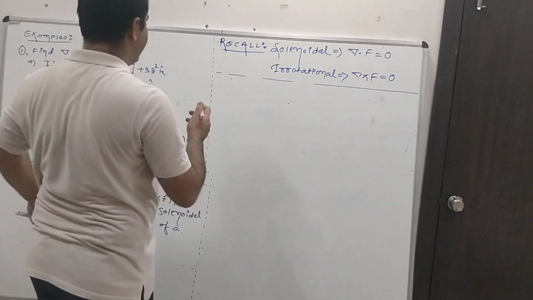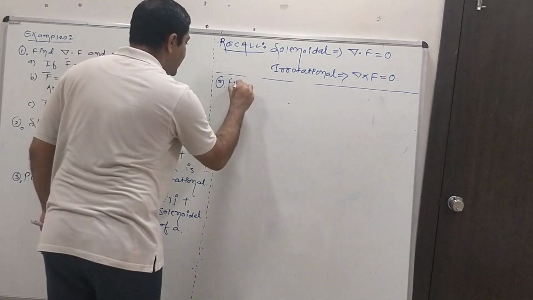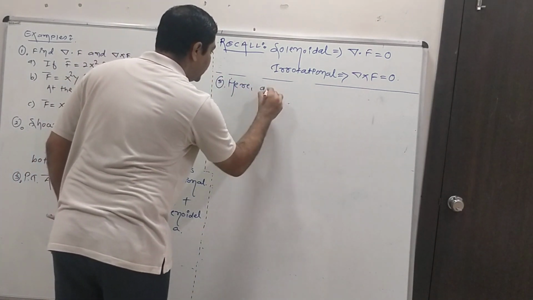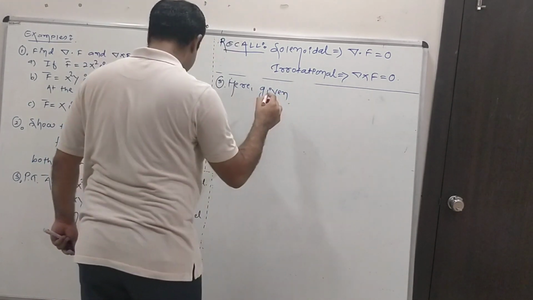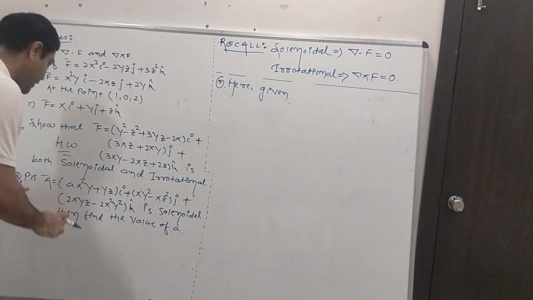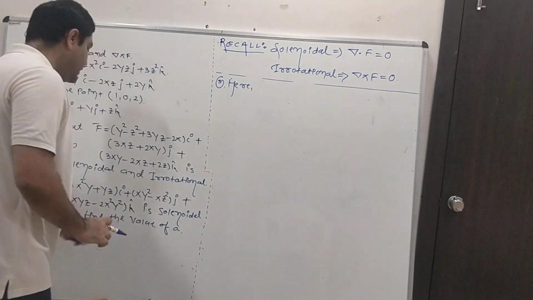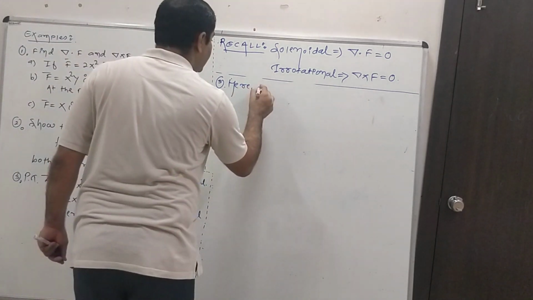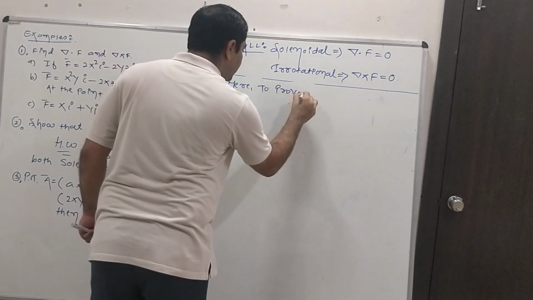Let us see here. Given that, you have to prove it first. So first you have to prove the given vector is solenoidal. So here, to prove, what to prove?